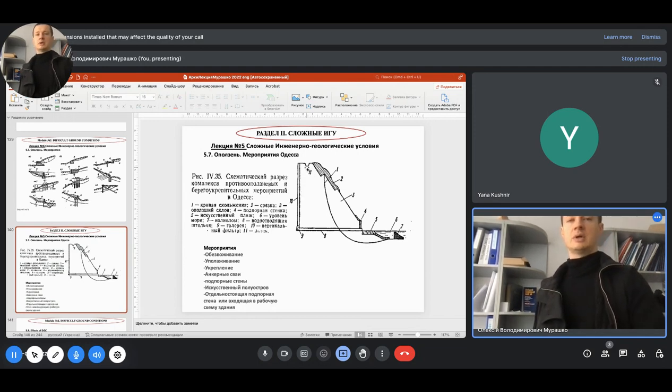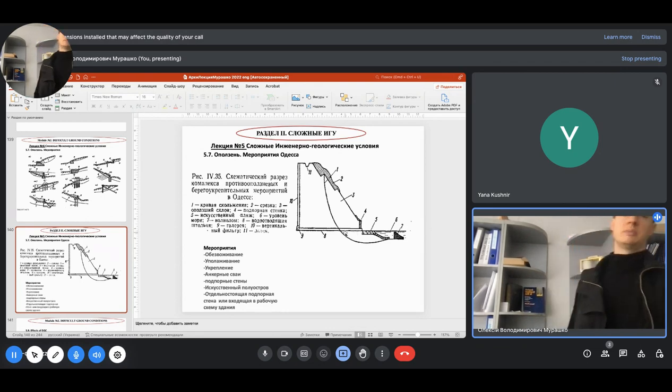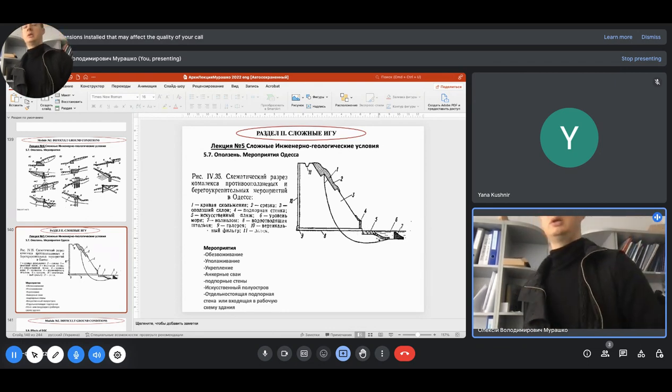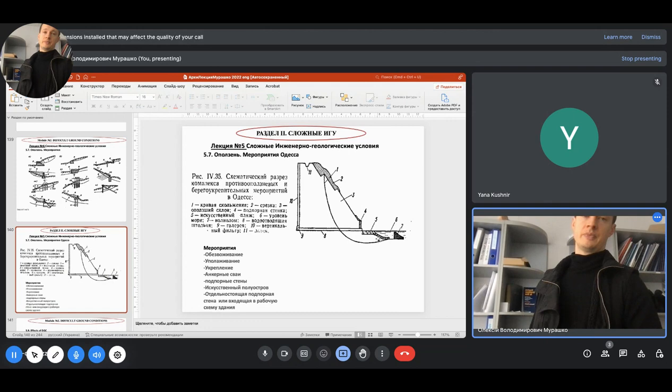This tray can grab the water which was previously going onto this slope, and collect it in a vertical drain. You have seen such elements on the Odessa seaside. The water can be collected and removed to the Black Sea.